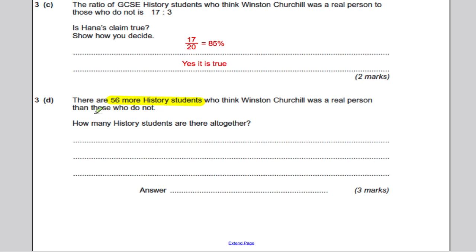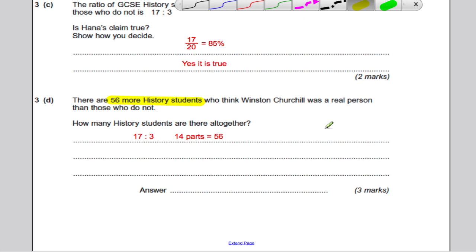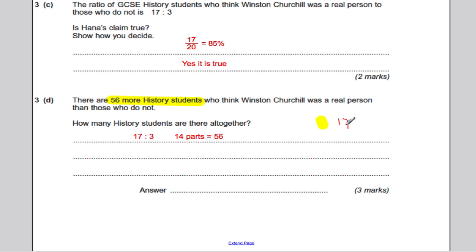It says there are 56 more history students who think Winston Churchill was real than those who do not. How many history students are there altogether? Well, if the ratio was 17 to 3, that means 14 parts must represent the 56 people. So we had 17 to 3; if we do 17 take away 3, that equals 14.